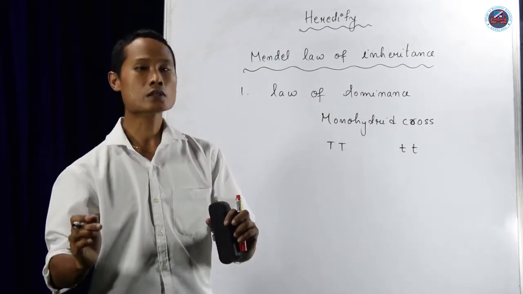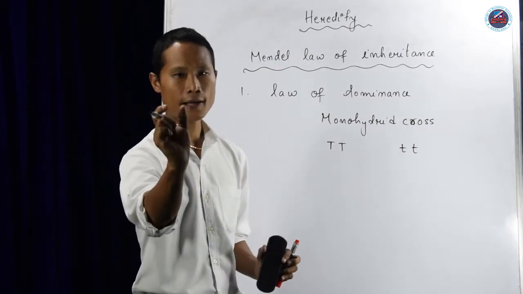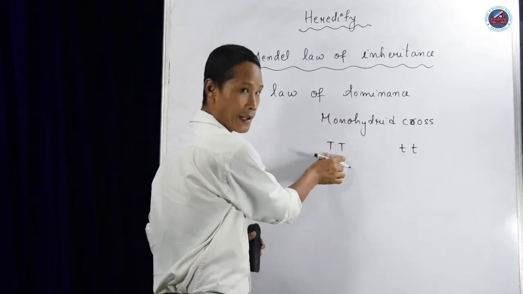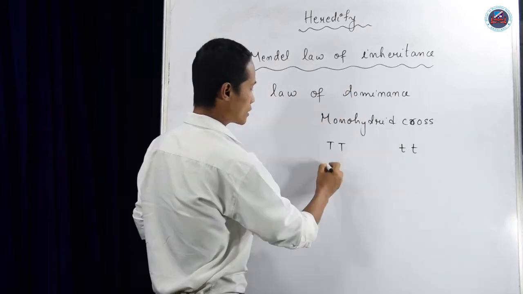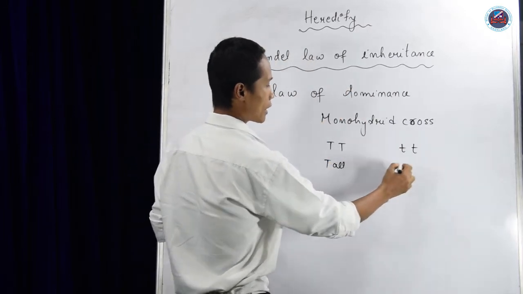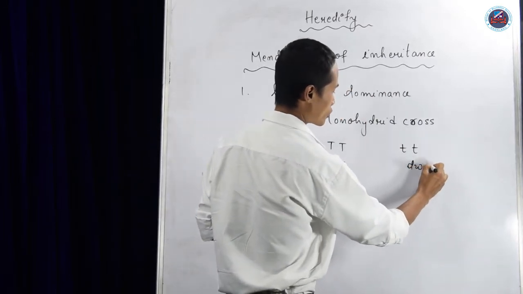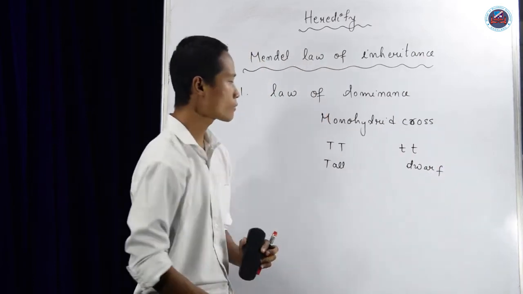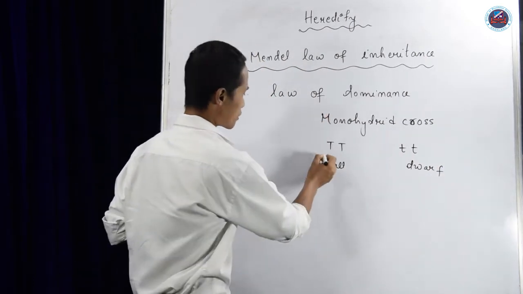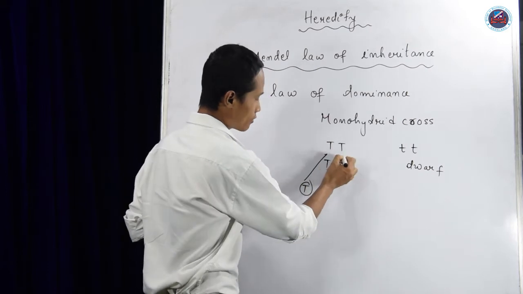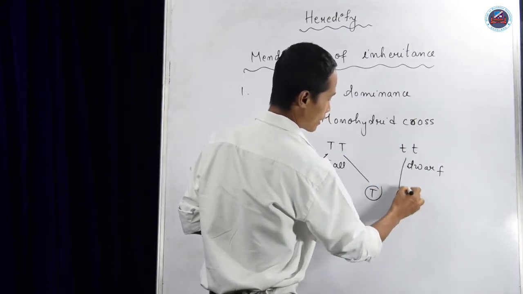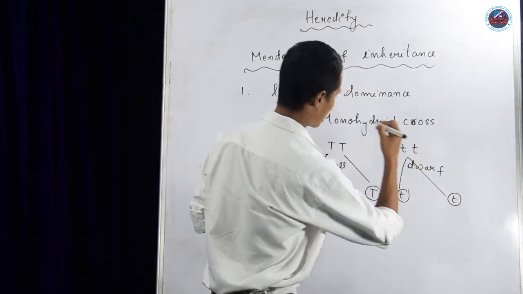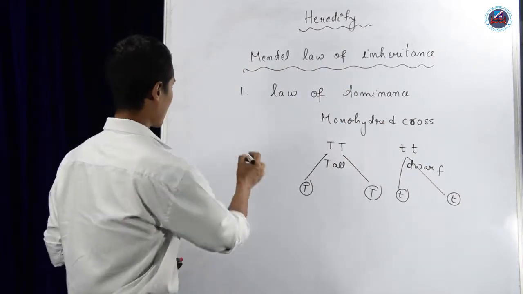Their alleles are capital T, capital T and small t, small t. Now, during gamete formation, this will be capital T, this will be capital T, this will be small t, and this will be small t. Let's make a Punnett square.